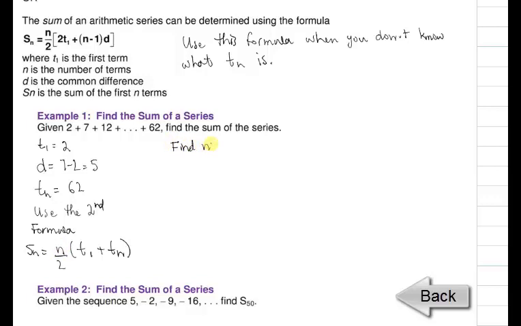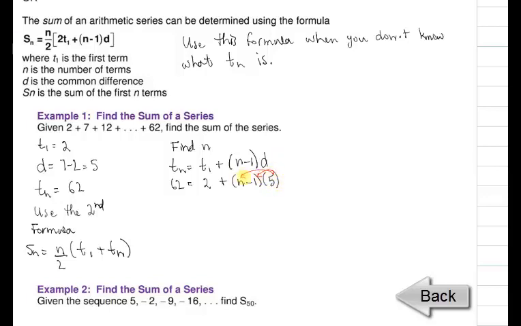And the way we're going to do that is to use our general term. So we're going to use t subscript n equals t1 plus (n minus 1) times d. Okay, in place of t subscript n, I will put 62. In place of t1, I will put 2 plus, I do not know what n is, but I do know that d is 5. So I'm going to solve for n.